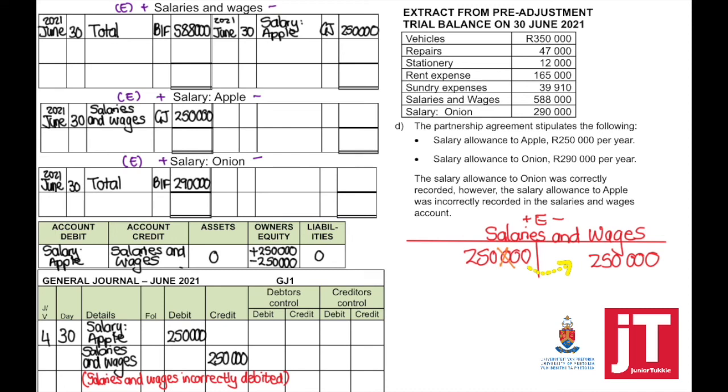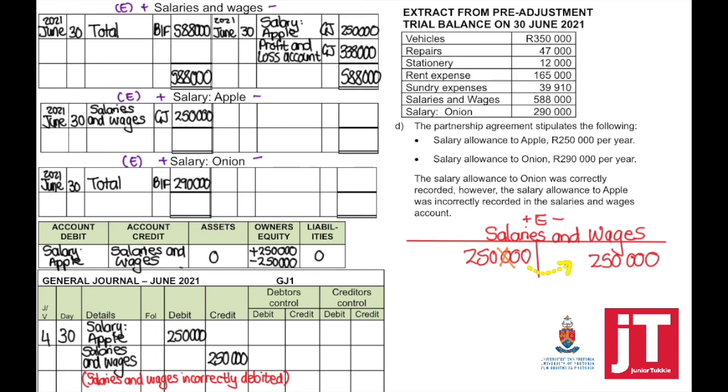So at the end of the accounting period, all income and expenses must be closed off. Salaries and wages forms part of your operating expenses, so this is closed off to the profit and loss account. Take the debit side minus everything on the credit side, and this is my total expense for this accounting period on salaries and wages.